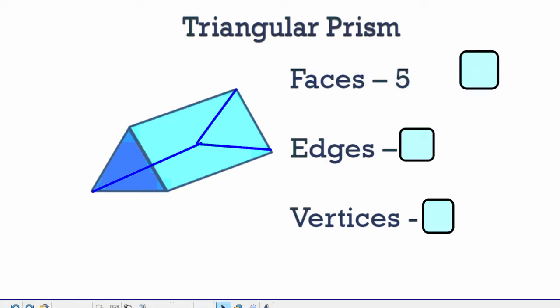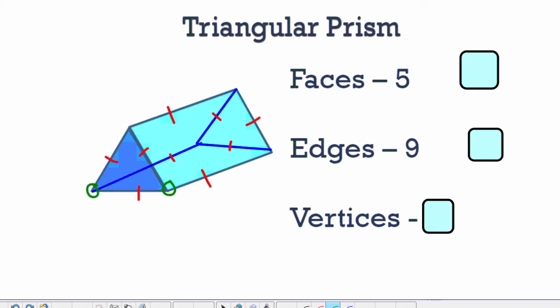And then if we talk about edges, let's just mark them off. We've got 1, 2, 3, 4, 5, 6, 7, 8, 9. So 9 edges. And vertices, we've got 1, 2, 3, 4, 5, 6. So 6 vertices.